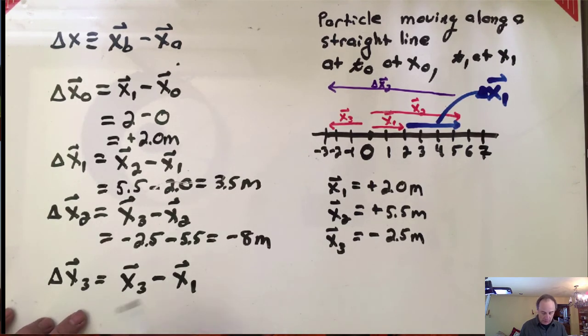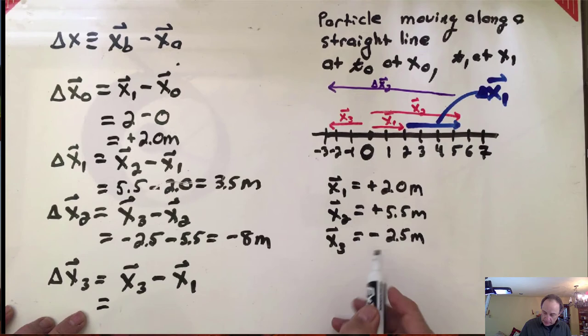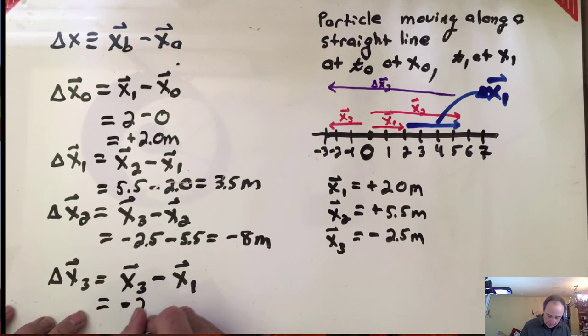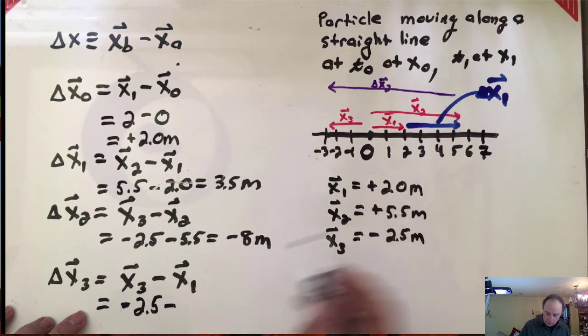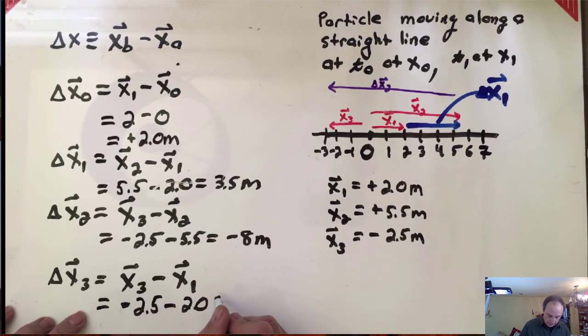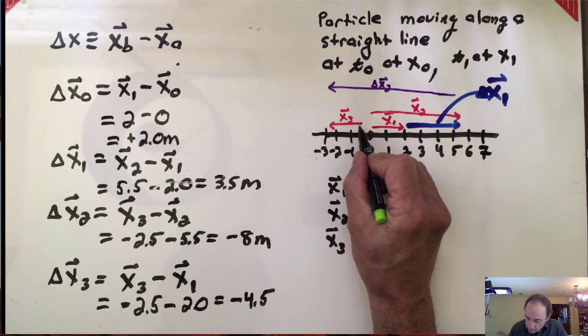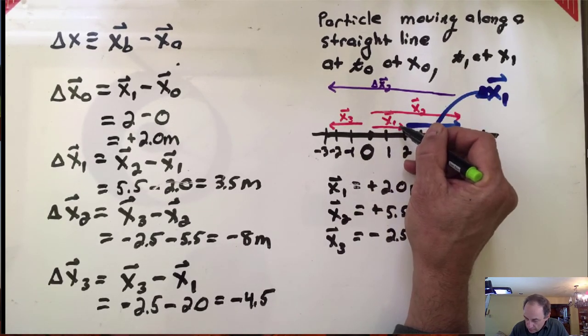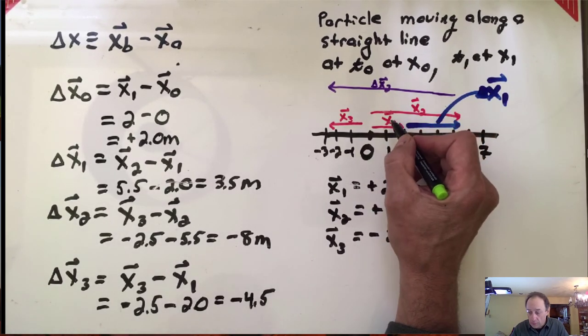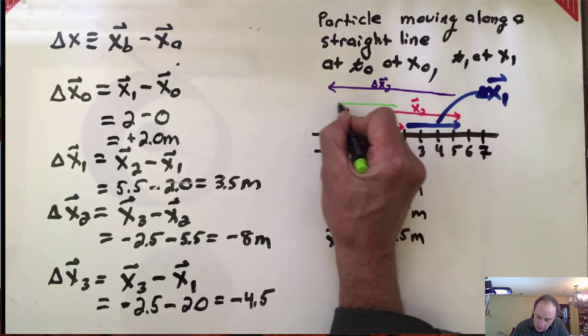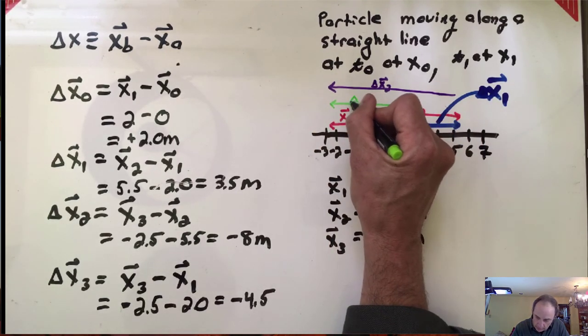Just be clear with your definitions. x3 is minus 2.5, minus x1, which is 2.0. This is a minus 4.5. All right, so that's x3. x3 is going that way. Then a minus x1 turns around, right? A negative vector is the opposite direction, so that's going to be here, delta x3.